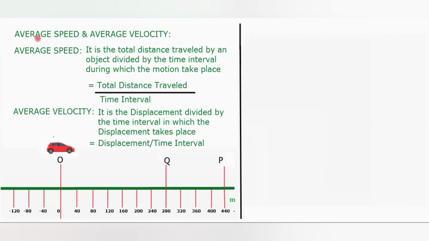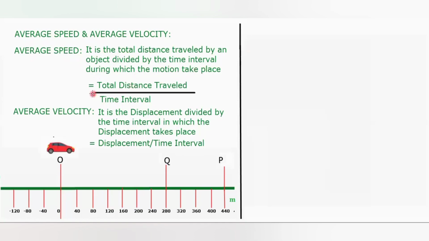The next topic in this video is average speed and average velocity. The definition of average speed: it is the total distance traveled by an object divided by the time interval during which the motion takes place.